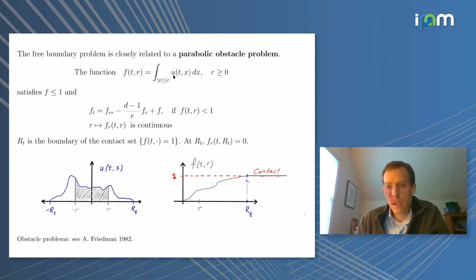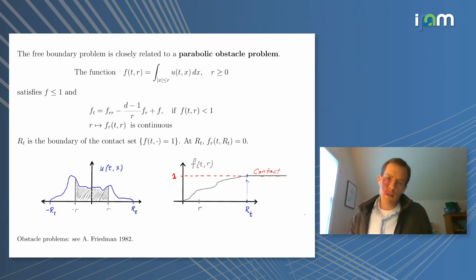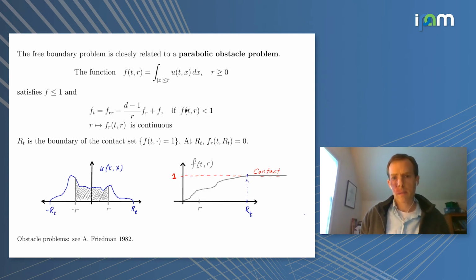Moreover, because u is continuous and vanishes at the boundary, the derivative of f with respect to r is continuous. So the free boundary R doesn't appear explicitly in this obstacle problem for f, but R is the boundary of the contact set for f. It's the boundary of the region where f is equal to 1.